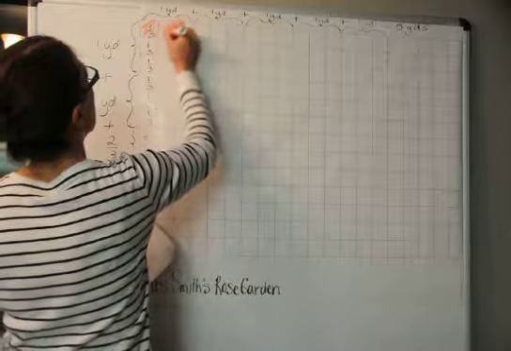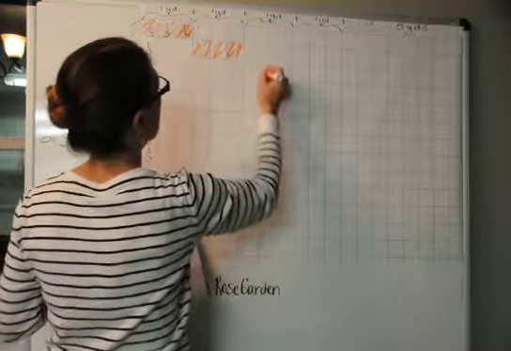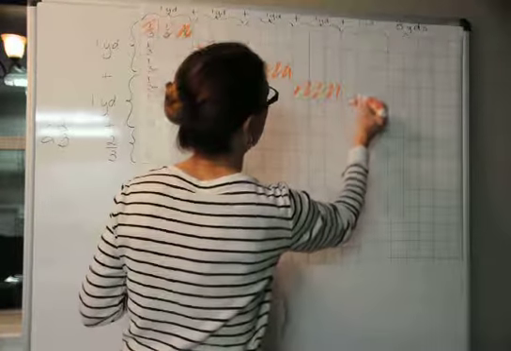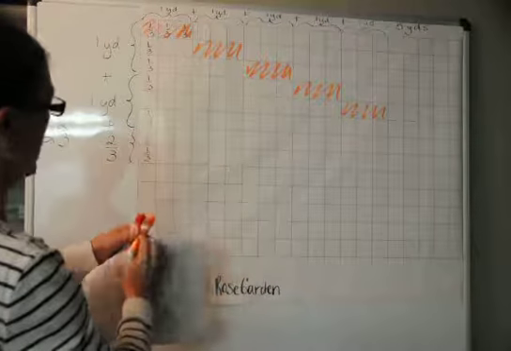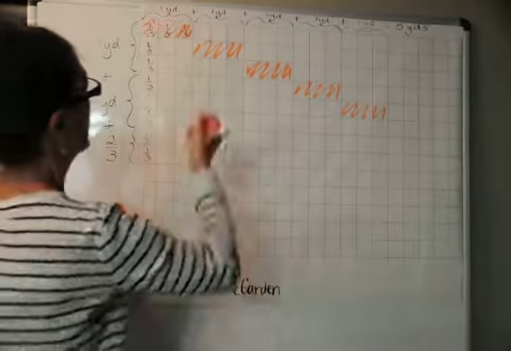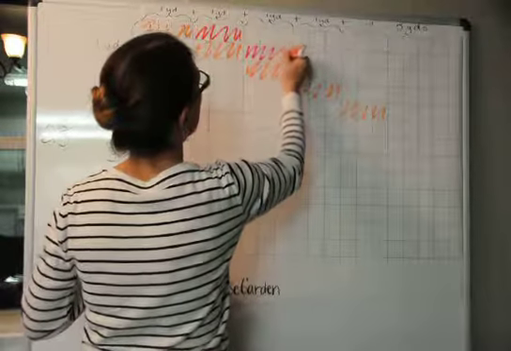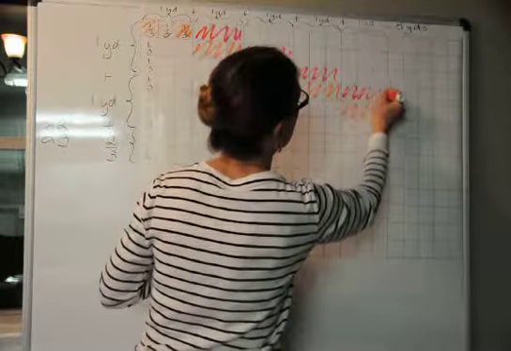So if we were to color these, I'm going to break these up so that you can see them actually in different colors, because each of these is going to represent its own individual yard.